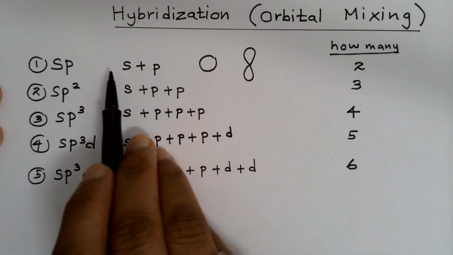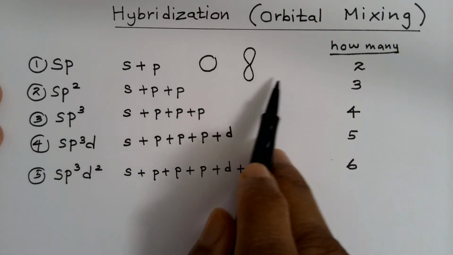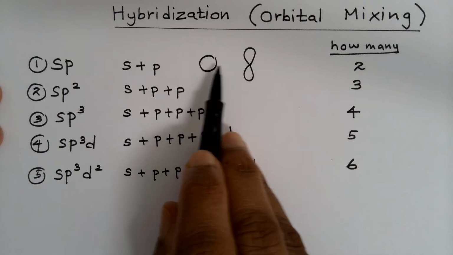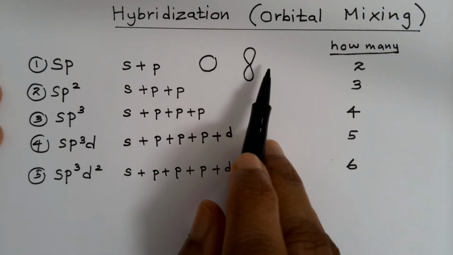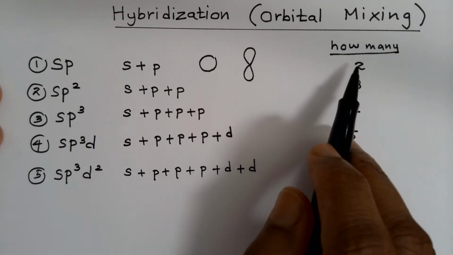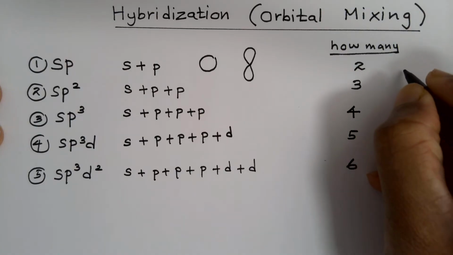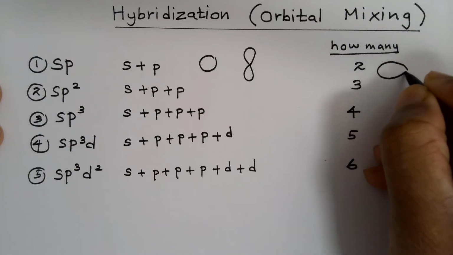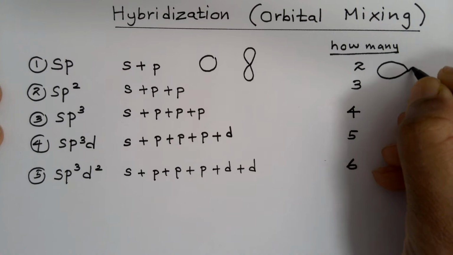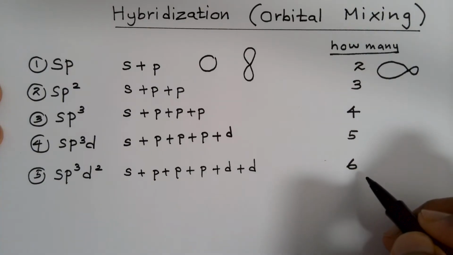These hybridized orbitals have the same shape. Initially for sp hybridization, s is spherical and p is dumbbell shaped. But after we mix these two, we make two identical sp hybridized orbitals. An sp hybridized orbital looks like one side has a large lobe and the other side has a small lobe, and the same for the other hybridized orbitals.